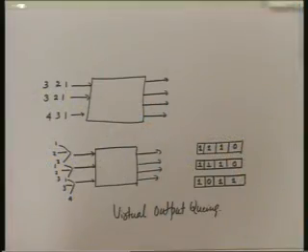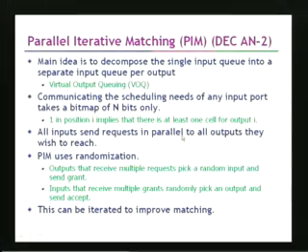Then what happens in this algorithm is all inputs send requests in parallel to all output ports which they wish to reach by using this bitmap. So, there will be a request phase, just like in the take a ticket algorithm, and parallel iterative matching then uses the principle of randomization.